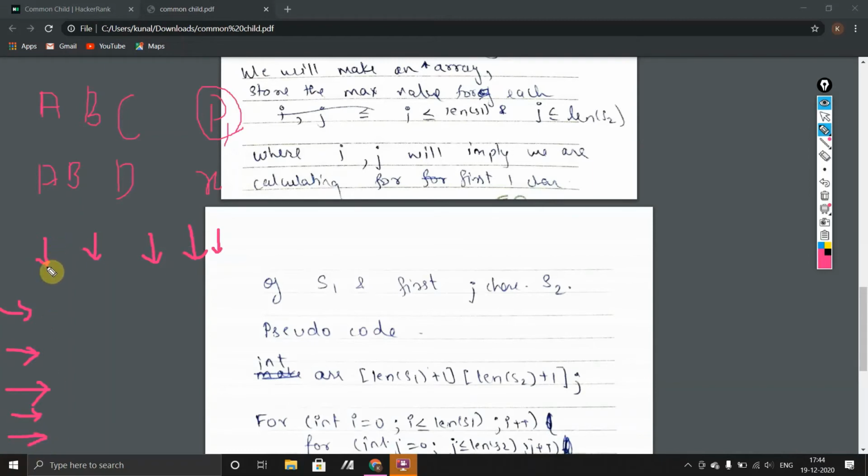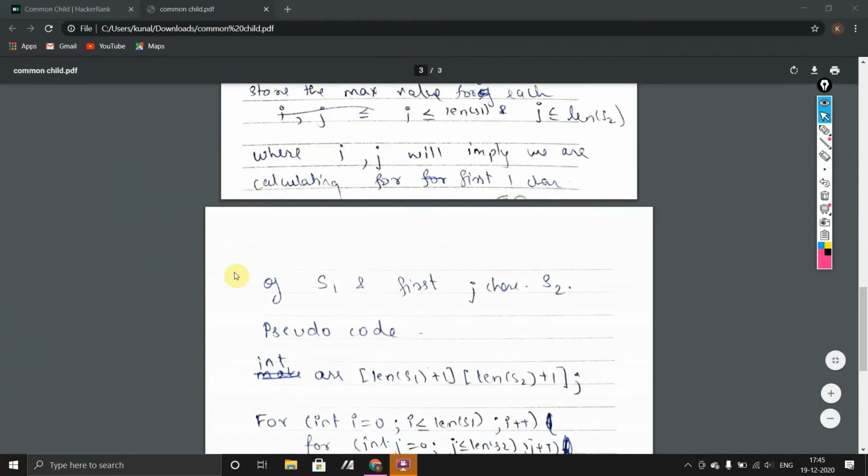Now you will say if the length is 4, then why 5? Well, the first one is for 0, that means if A does not have any character or if B does not have any character. In that sense, it will be if A has 4 characters and B has all 4 characters, right? And simply A of i of j will imply that we take the first i characters of string 1 and the first j characters of string 2, and then for that we will calculate.